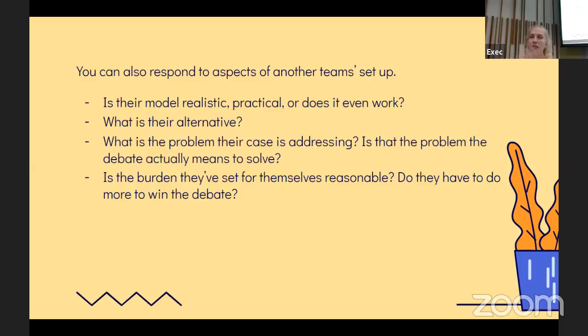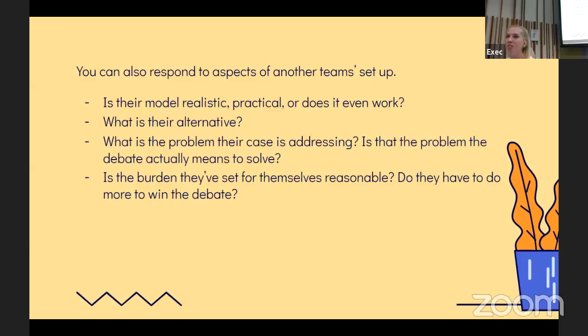You want to be explaining, okay, I think it's not very practical. Here are X reasons why, like this tax is too high to be practical. Another thing that you can respond to is, what is their alternative? If they're a neg team, they probably needed to bring an alternative because you're not changing something, you're arguing for the status quo, so they need to argue for an alternative.